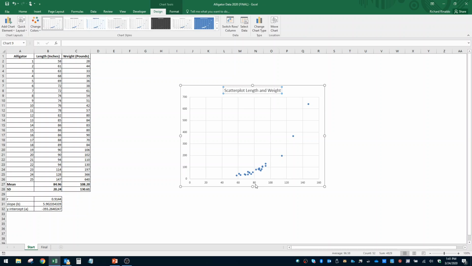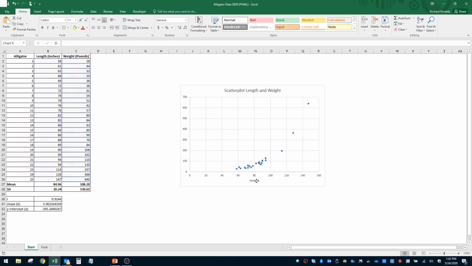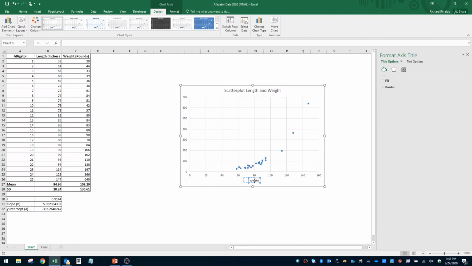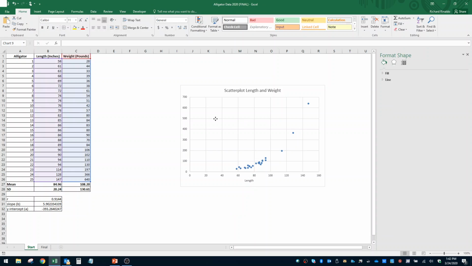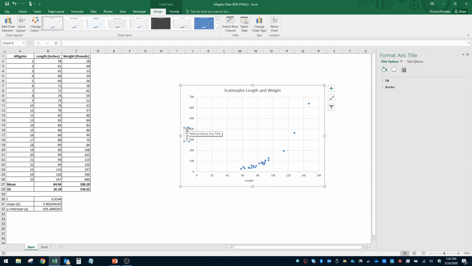My x variable is length, and my y variable is weight in pounds.